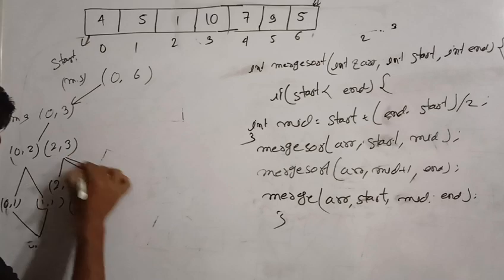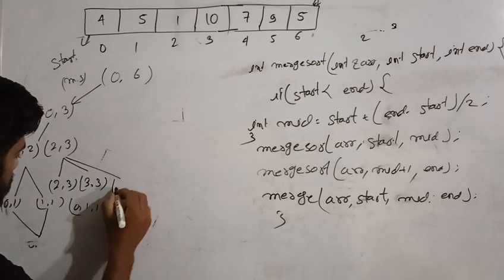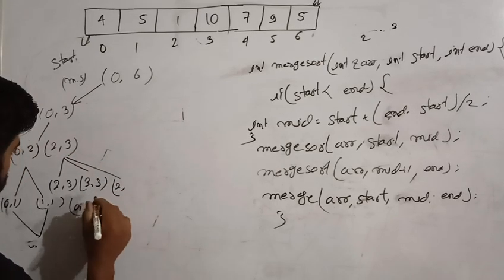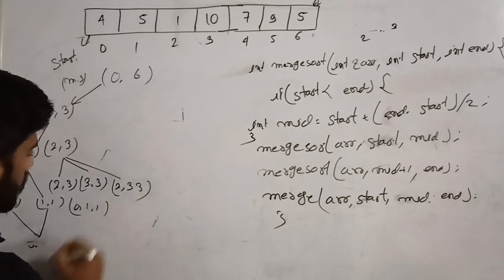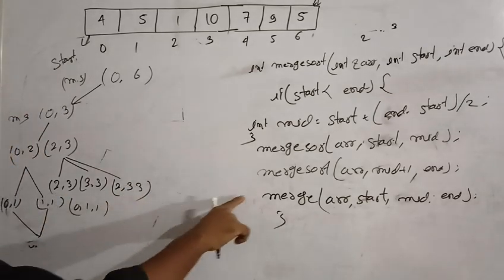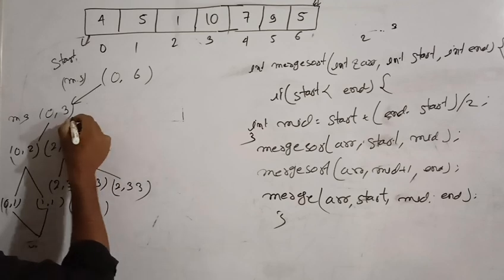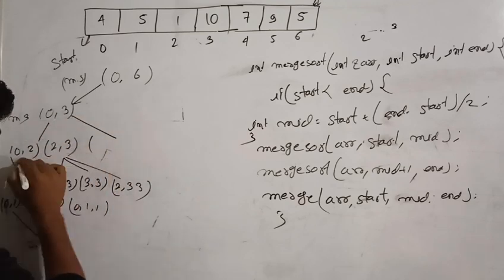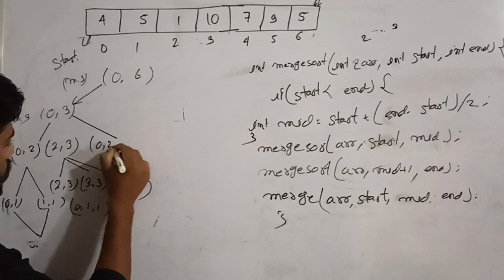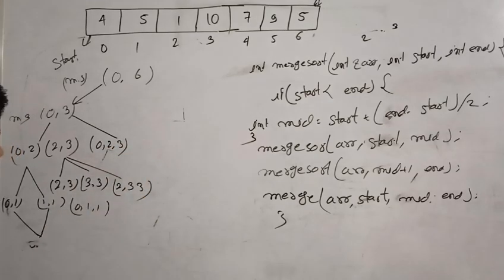Okay, now this will be merge, then it becomes 2 3 3. Again there are 3 functions going to be made. Again this will be merge 2 0 2 and 3.